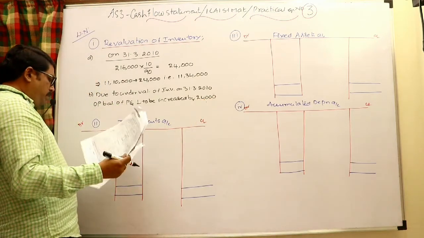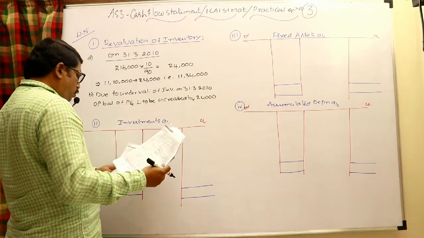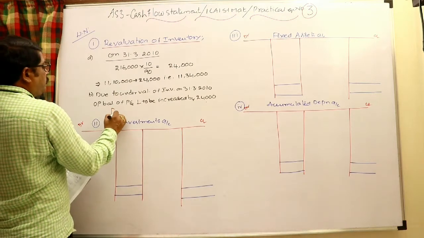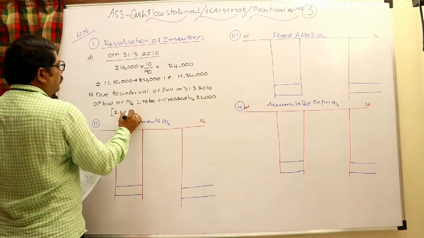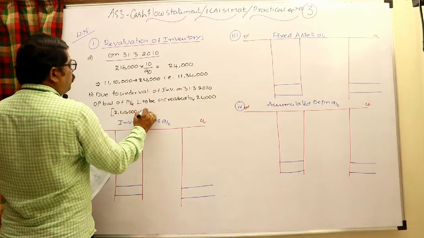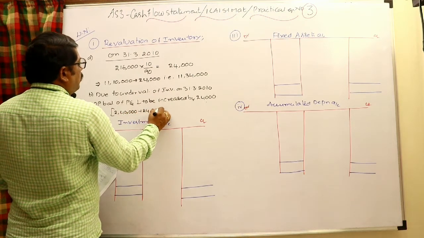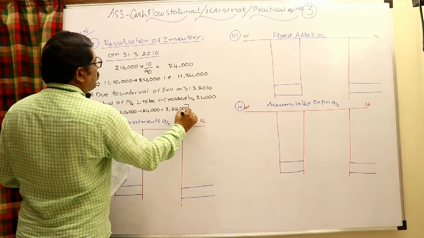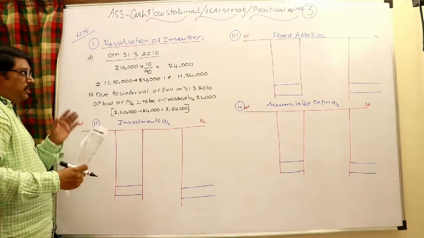Check how much opening P&L balance you are given there. Opening P&L balance you are given 2,40,000 plus 24,000 you have to take, that is 2,64,000. Clear? This is the way to handle.